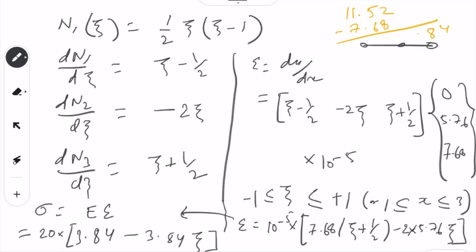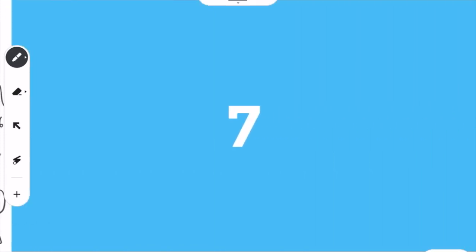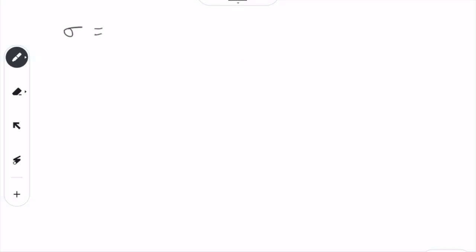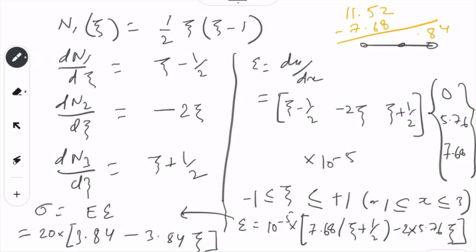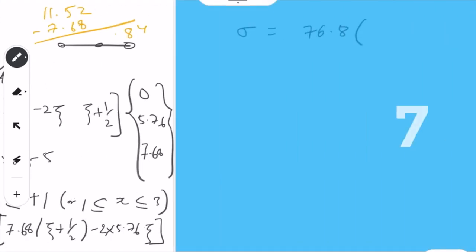So basically sigma, we get some interesting value. Sigma equals, then you can multiply by 20, so this becomes 76.8 multiplied by 1 minus xi.